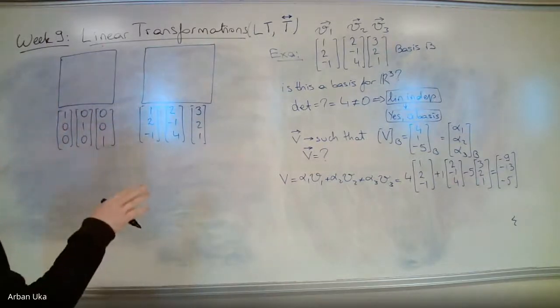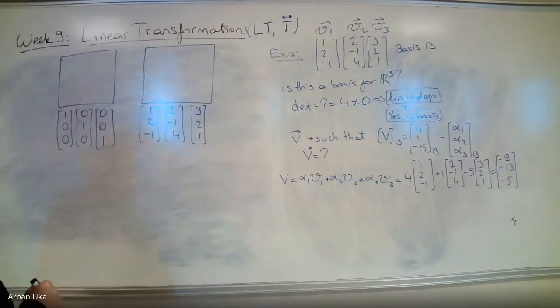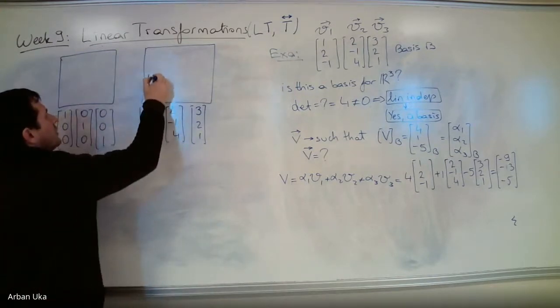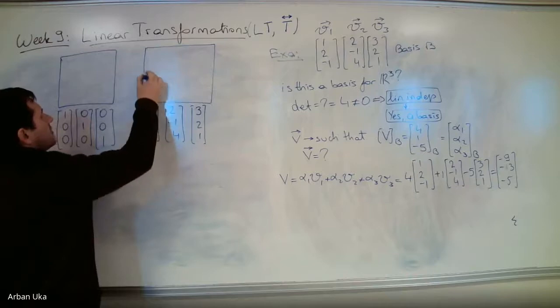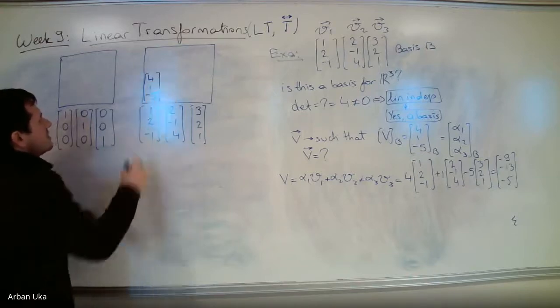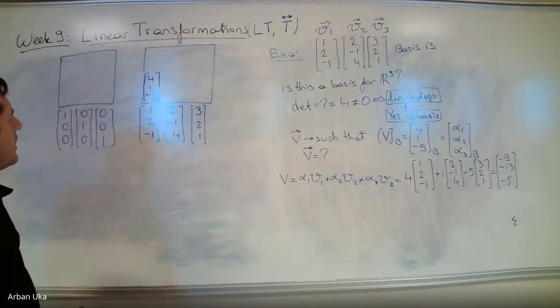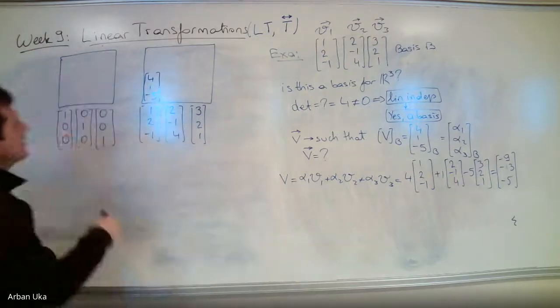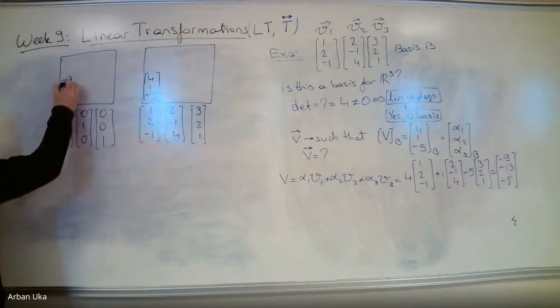What have we done so far on the board? On the board, we have a vector which is equal to 4, 1, minus 5. Okay, this is a vector in this basis. What is this vector in this new basis? It's equal to minus 1, minus 3, minus 5, minus 9, minus 3, minus 5.